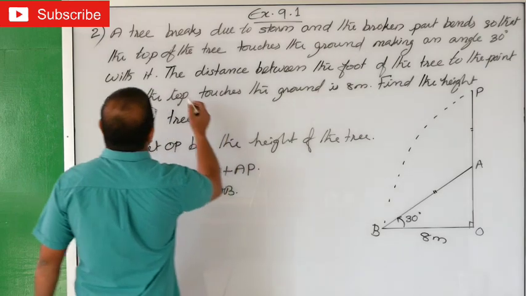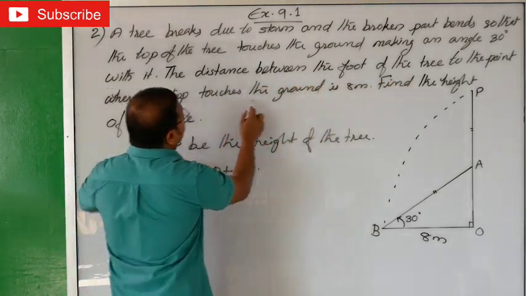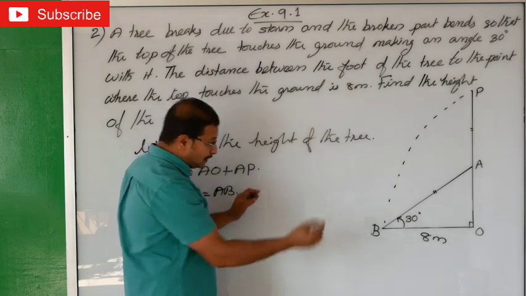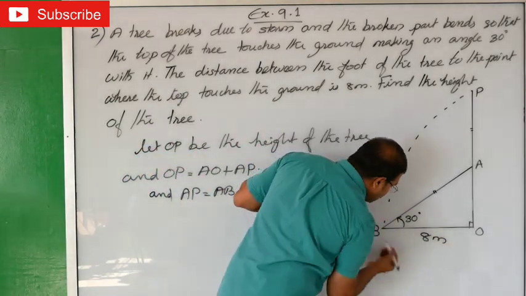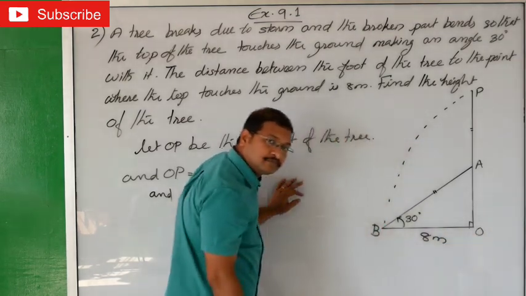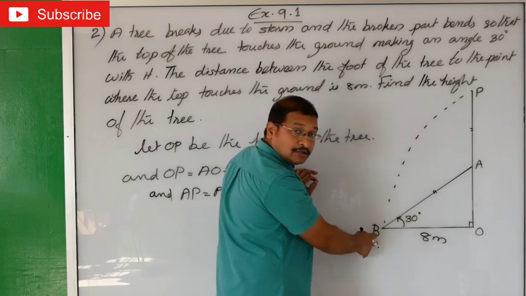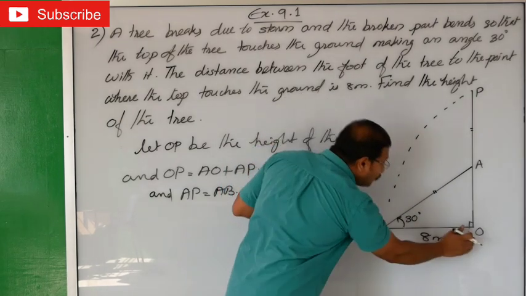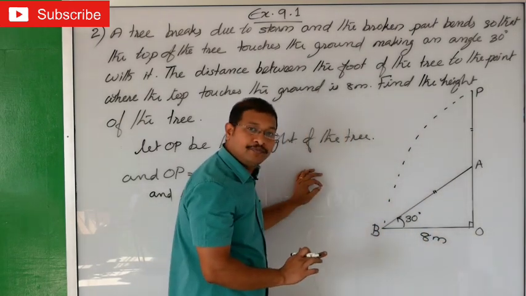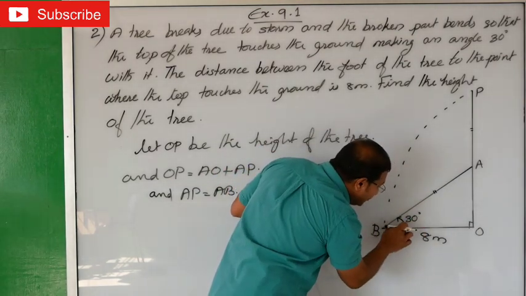The distance between the foot of the tree and the point where the top touches the ground, see, this distance between the top of the tree and the foot of the tree. Ready? Because the top of the tree breaks and falls here, this top of the tree and foot of the tree is 8 meter. And the top of the tree makes an angle of 30 degrees.